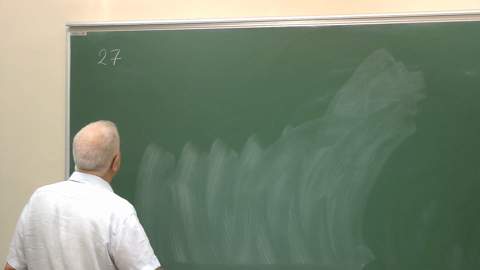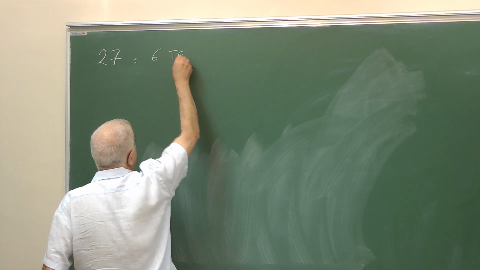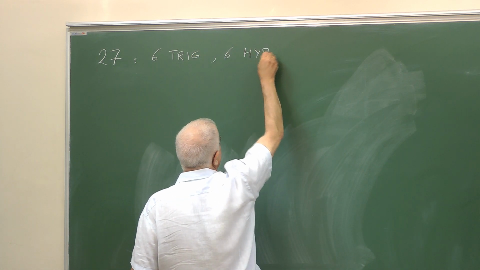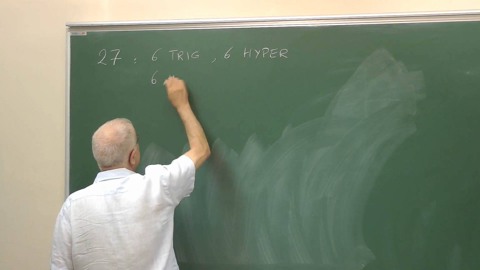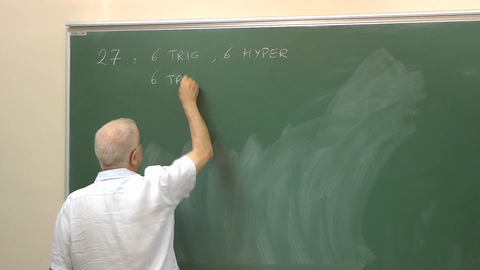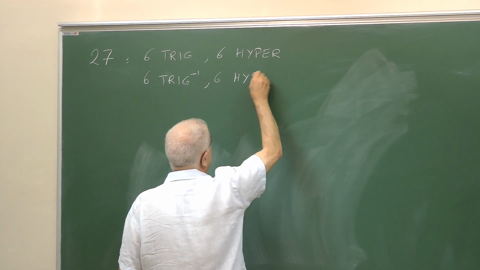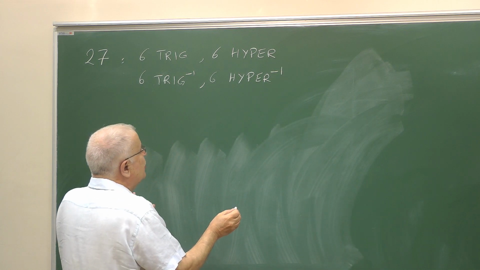What are these 27? 6 trigonometric functions, 6 hyperbolic functions, then 6 inverse trigonometric functions, and 6 inverse hyperbolic functions. So that's 24 right there.